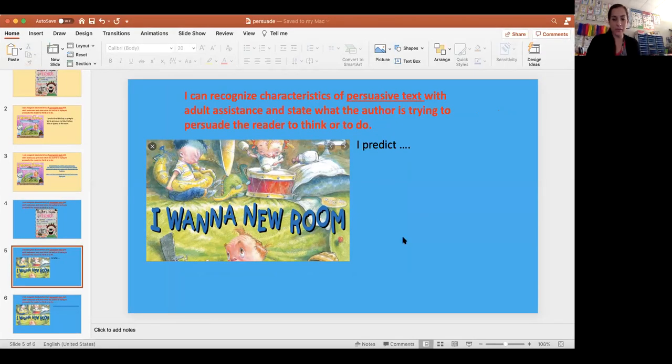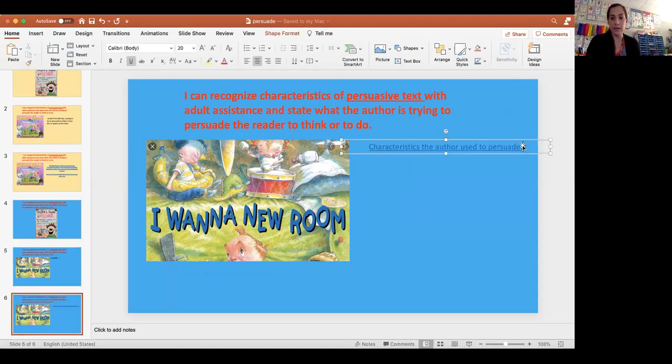Okay, and that's the end of our story today. So again, talking about the characteristics that the characters used to persuade was letter writing. Sometimes people write letters to try to persuade others. They gave reasons. They both gave a lot of reasons, didn't they? Making promises, giving examples.